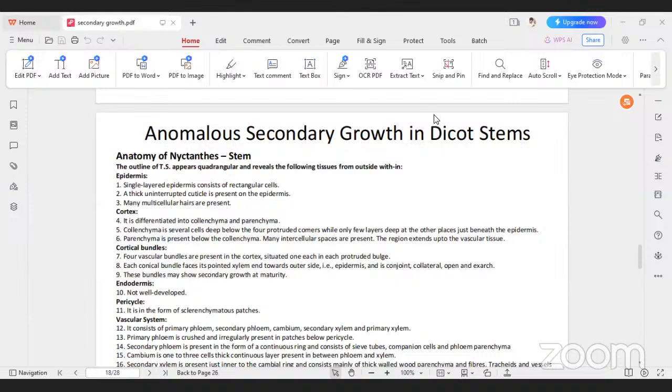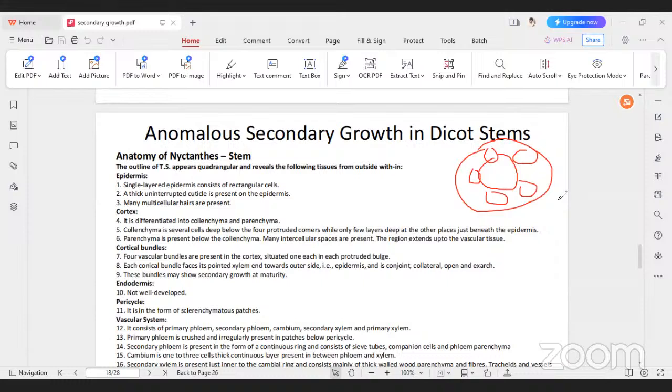Just now we completed the secondary growth. This is the stele, vascular bundles in a ring outside the medulla, but not inside.